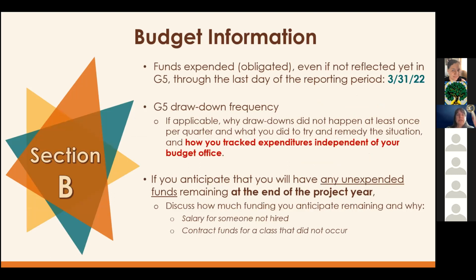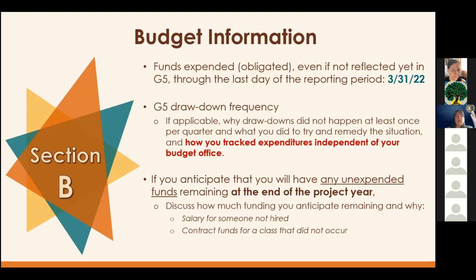So a few details here about what you're reporting in this budget section. In your forms, you should be reporting the funds that are expended or obligated, even if they're not yet reflected in G5, through the last day of that reporting period.